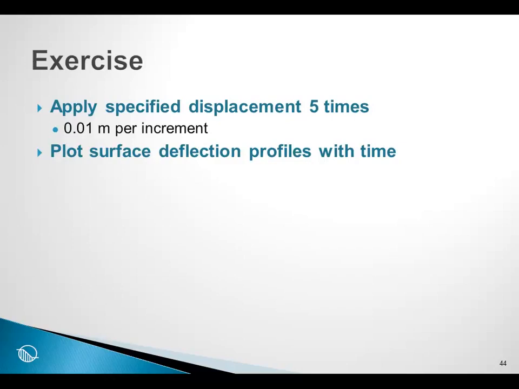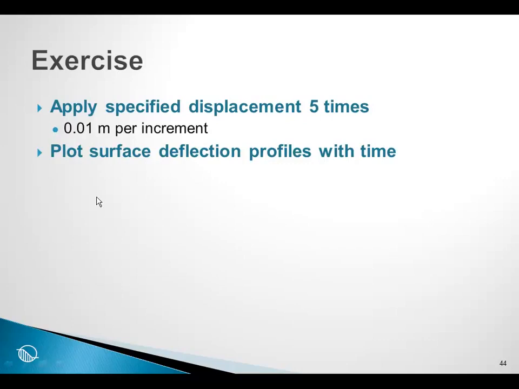Each analysis will have a displacement of 0.01 meters per increment, and then we will do 5 steps and see how the increments accumulate to give us the total in the end.